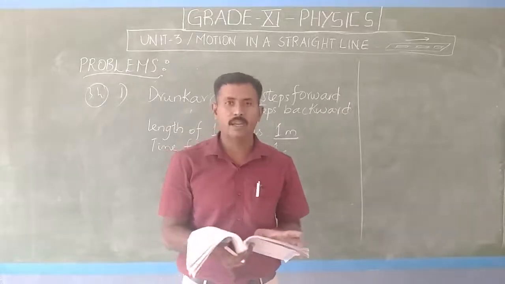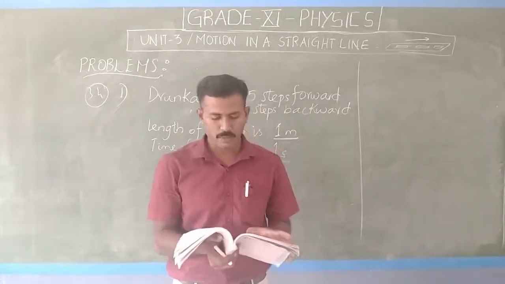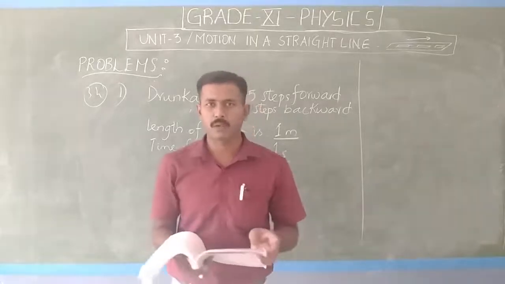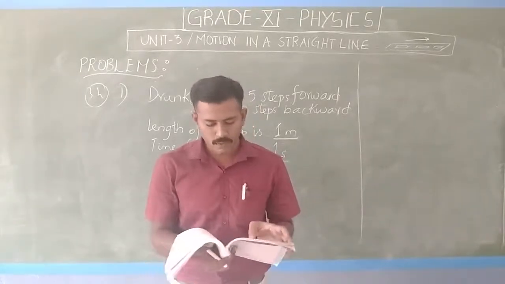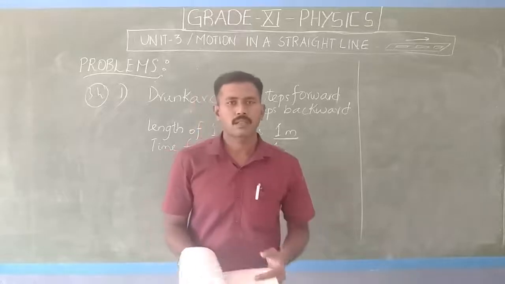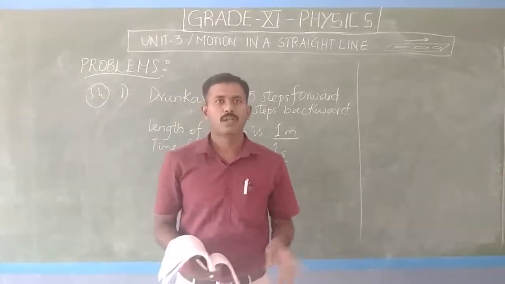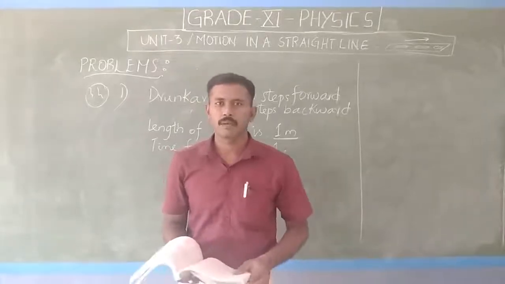So there is an ending point called the pit. It is 30 meters away from the starting point. What they have asked is, how long does it take for the drunkard to reach the pit?